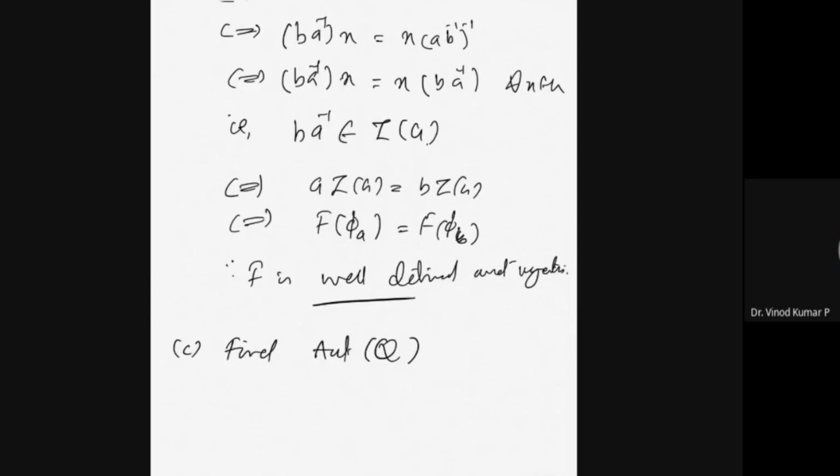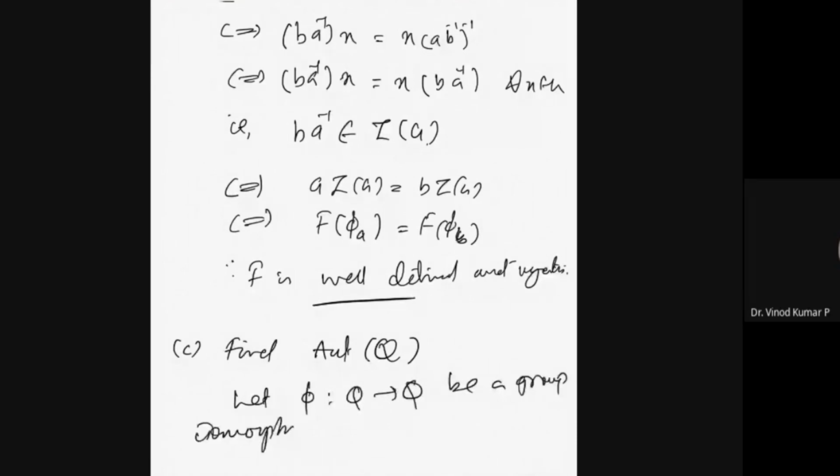To find this, let phi be an automorphism of Q, a group isomorphism.